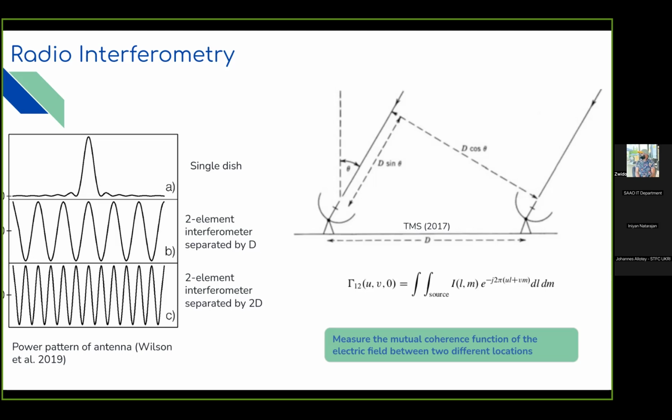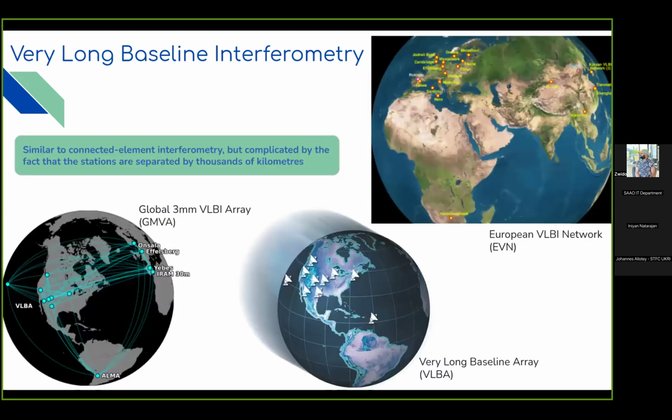The idea with an interferometer is to measure the mutual coherence function of the electric field at two different locations. That's what you see over there. It's a simple two-dimensional Fourier transform expression, which dictates how the sky brightness is recorded when observed using multiple radio telescopes as interferometers. Very long baseline interferometry is quite similar to how we do connected element interferometry.